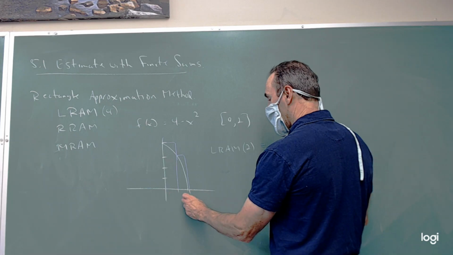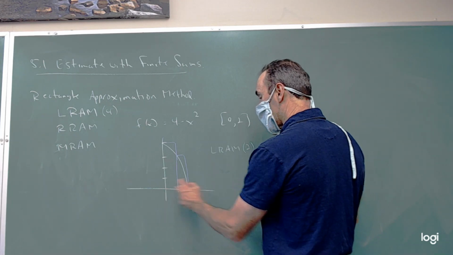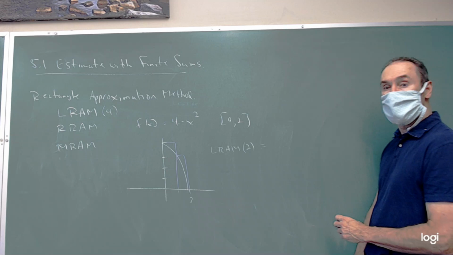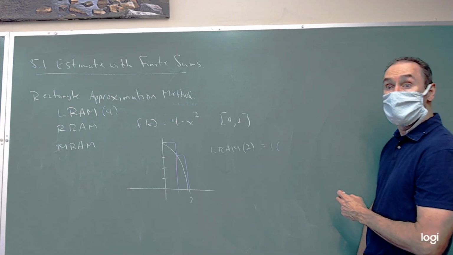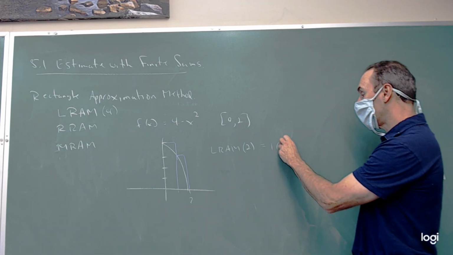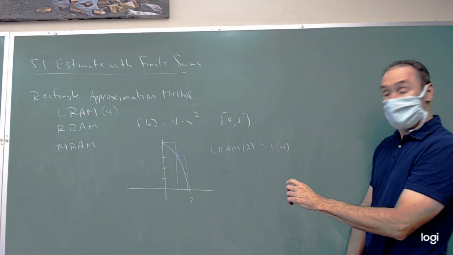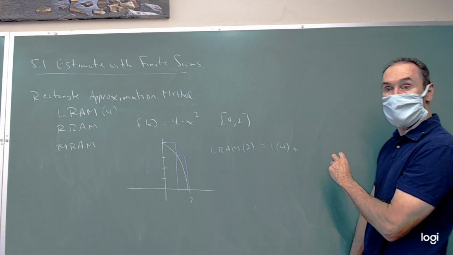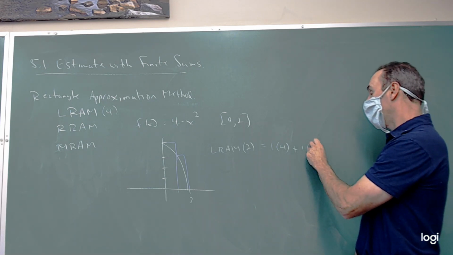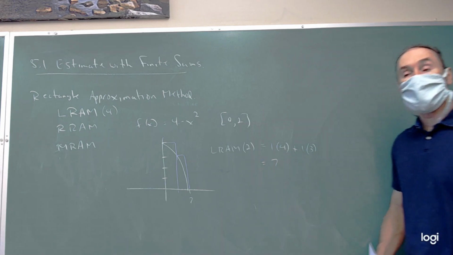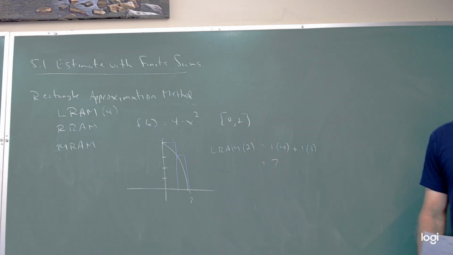Since we're going from 0 to 2, the base here is going to be 1, and the height will be 4 because we're going to plug in 0. You with me there? Plus the second rectangle is going to have a base of 1 and a height of 3. And so we'll get 7 as that approximation to the area under the curve.